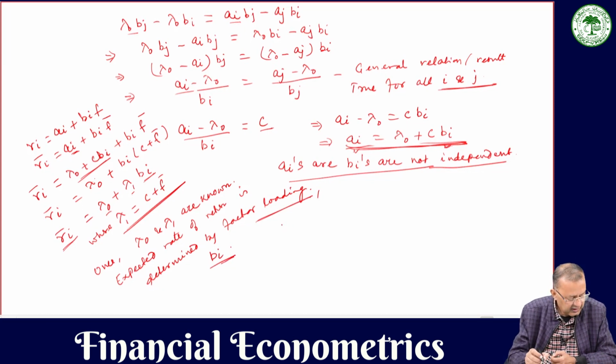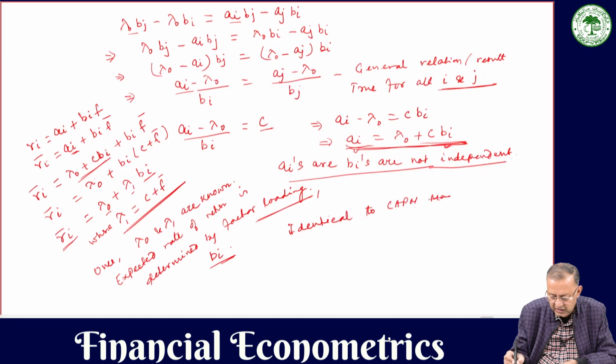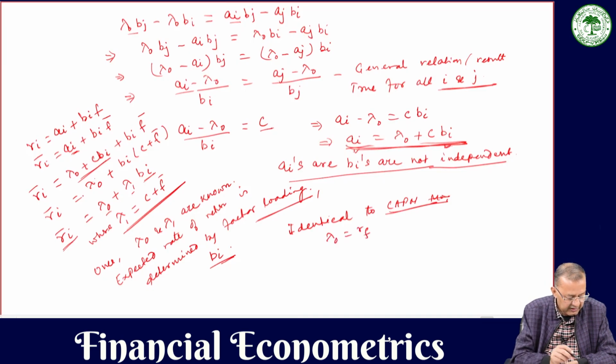And what is this lambda 0? This is identical to the CAPM model, the capital asset pricing model, where lambda 0 is equal to RF and lambda 1 is equal to RM bar minus RF.